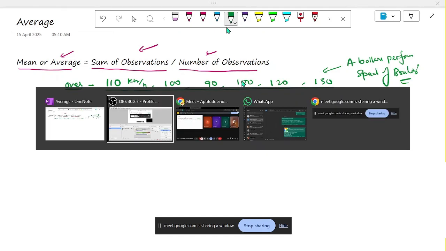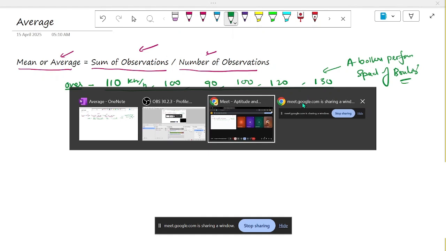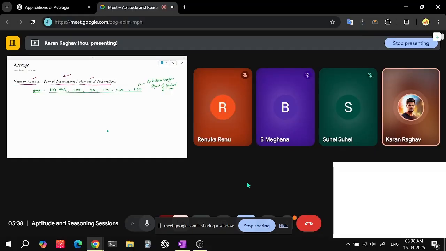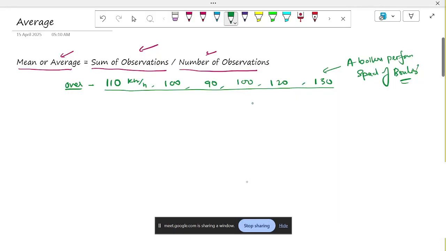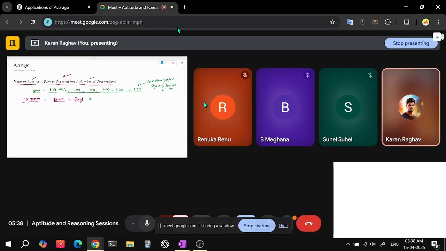Do you say all the six values? Or let's imagine that this person has been bowling for 10 years and has bowled around 10,000 balls, and each ball has its speed. If someone asks you what is the speed of his bowling, how will you answer it? Is there a way to find that?